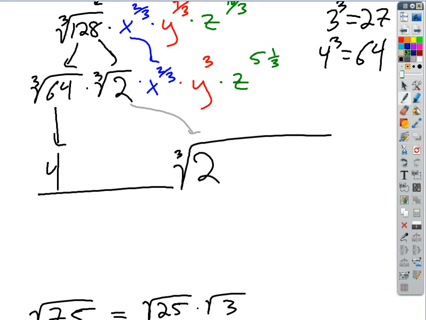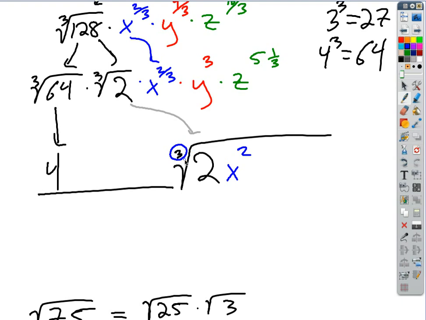Well, as a mixed number, there was no integer there, so the x squared stays in there, right? Because that's x to the 2 thirds, right? So we're just moving back, instead of writing it as a fraction, now we're moving back to writing it in radical form. Okay? What about the y cubed?